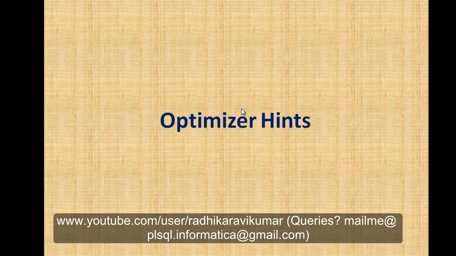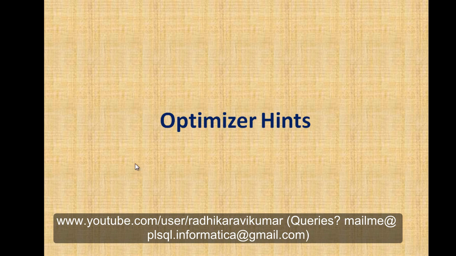CBO, that's cost based optimizer, is the one which is inbuilt in Oracle. Before that we had RBO, which has been ruled out now. So that's what the optimizer is about. What these hints do is, these optimizer hints are used to change the execution plan.